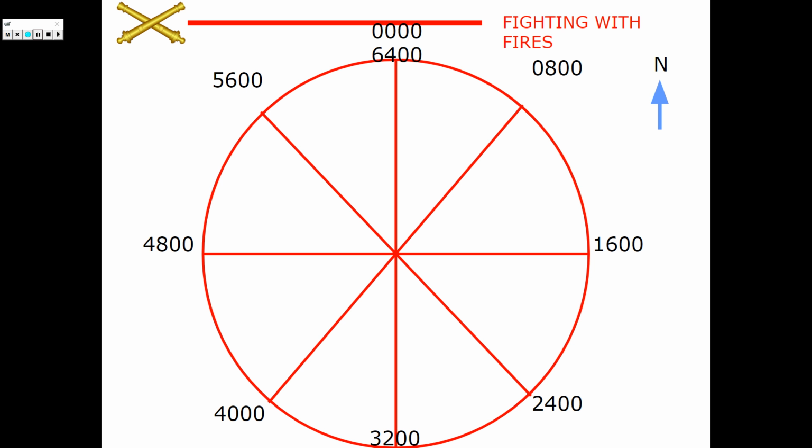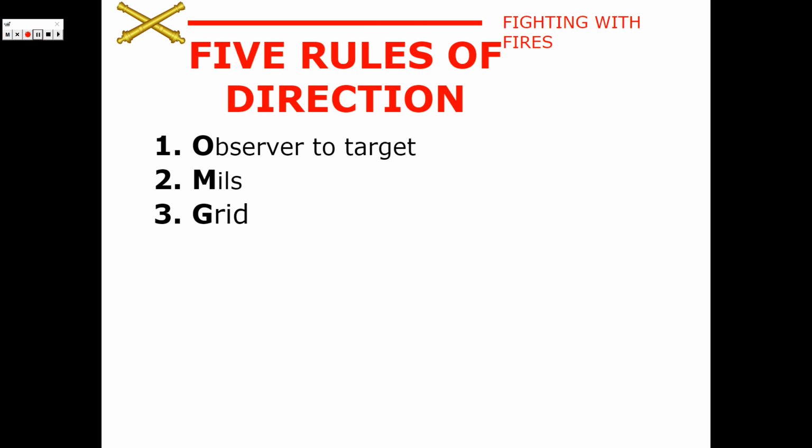So 0000 is due north, 1600 is east, 3200 is south, and 4800 is west. It's a little more precise than degrees because it divides the circle up into more smaller pieces of the pie, and we'll talk about how that works in a minute.